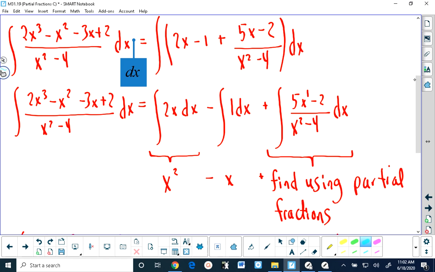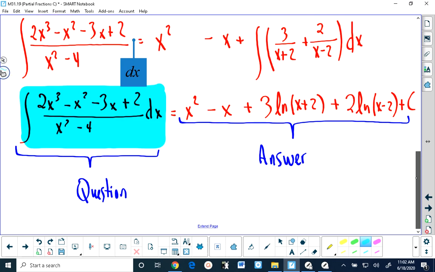And the detour was to break it into partial fractions by letting (5x − 2)/((x + 2)(x − 2)) equal A/(x + 2) plus B/(x − 2). Once we did that, then we could finally come up with the answer. So we get to the answer here in a very roundabout way. We don't go directly from the integral to the answer.